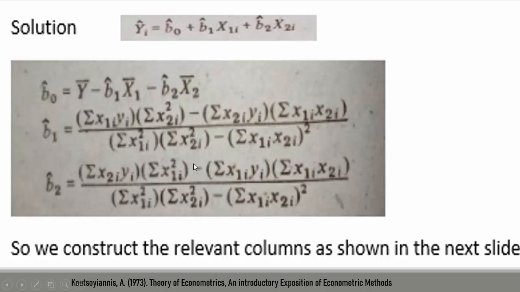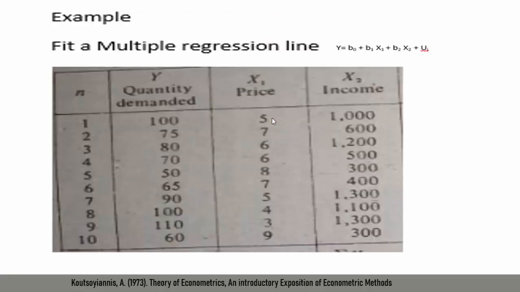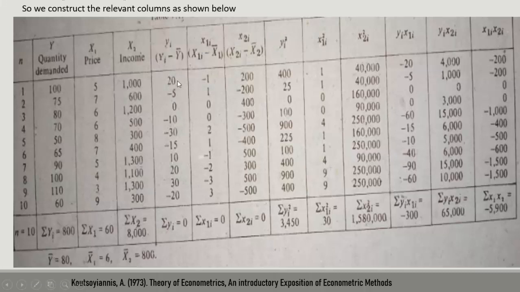Similarly, we will need summation small x1 square and summation small x2 square. We will need summation x1y, summation x2y and summation x1x2. For all these calculations, we make the relevant columns from this table. So we first calculate small y, small x1, small x2, but before that, we find the means. In order to find the mean y bar, we will have to add all the observations of capital Y.